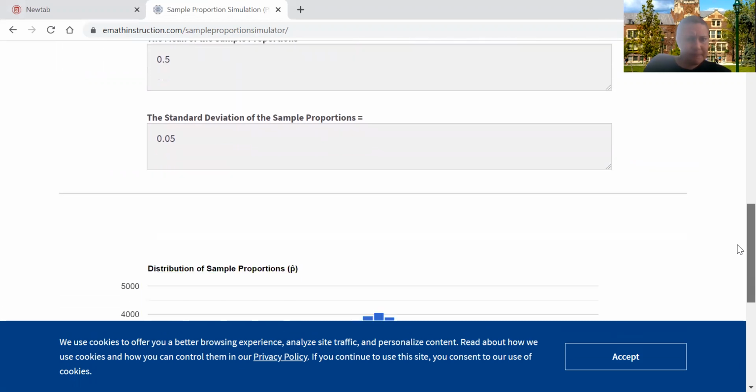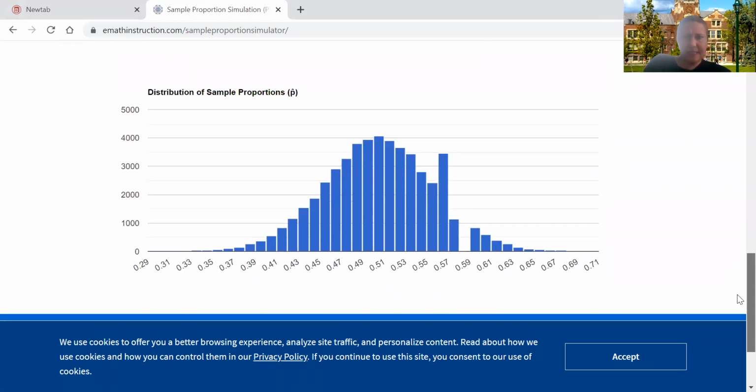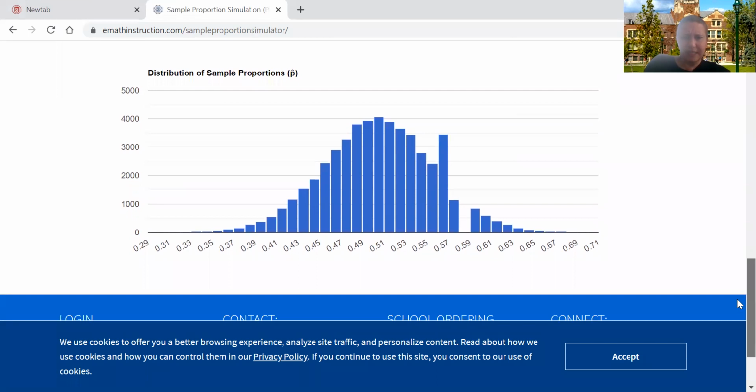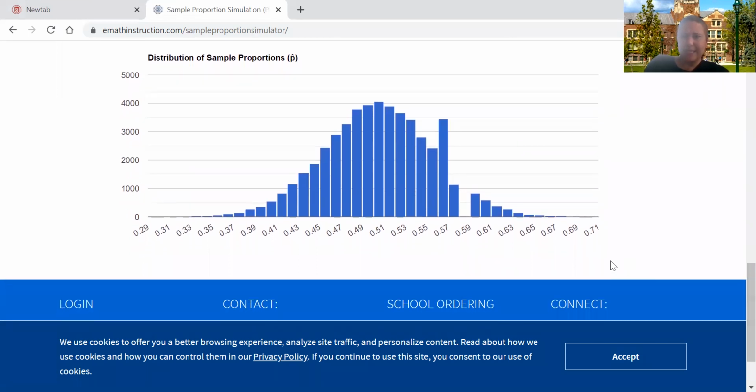Now that's interesting. That's interesting that that happened. I should get a more perfectly bell-shaped curve with the more people I have doing the experiment. That actually didn't happen. I actually had a better bell-shaped curve when I had fewer people, which is not supposed to happen.